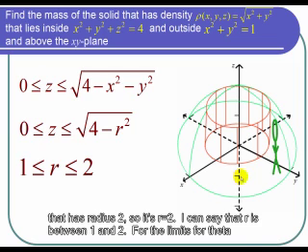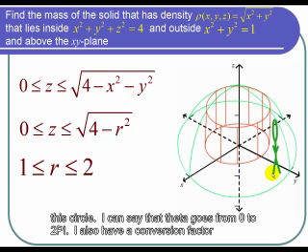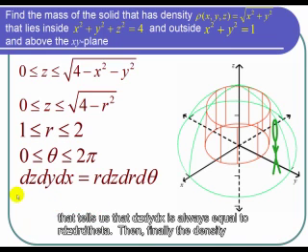So now for the limits for theta, that's how far around the little man can walk. The little man can walk all the way around this circle. So I can say that theta goes from 0 to 2 pi. I also have a conversion factor that tells us that dz dy dx is always equal to r dz dr d theta.